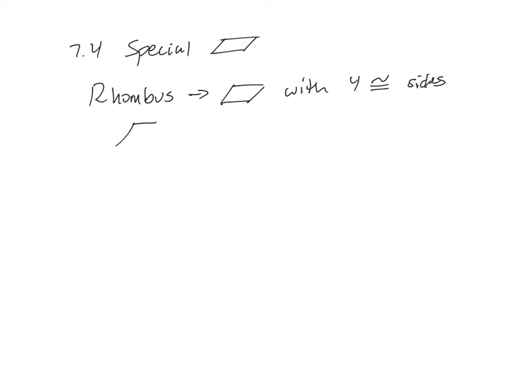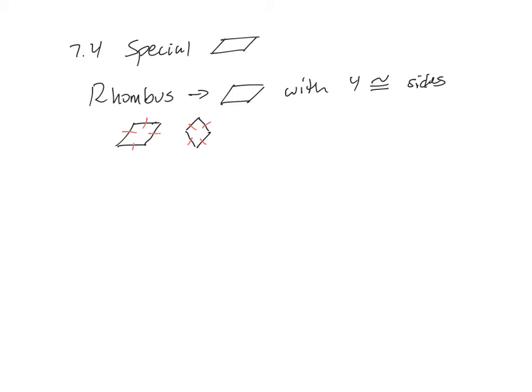So instead of it being kind of an oblong parallelogram like that, it'll look like a parallelogram, just all 4 sides are congruent. It could also look like a diamond. So there's a few different ways to draw a rhombus.